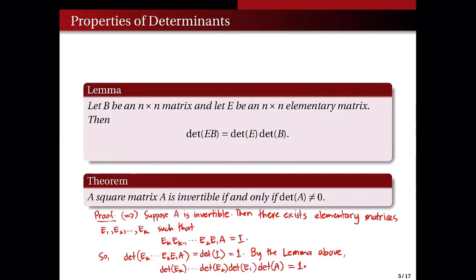And this is equal to 1. Therefore, the determinant of A cannot be 0. Because if determinant of A equals 0, then this product here must be equal to 0, which is a contradiction. Therefore, determinant of A cannot be 0.